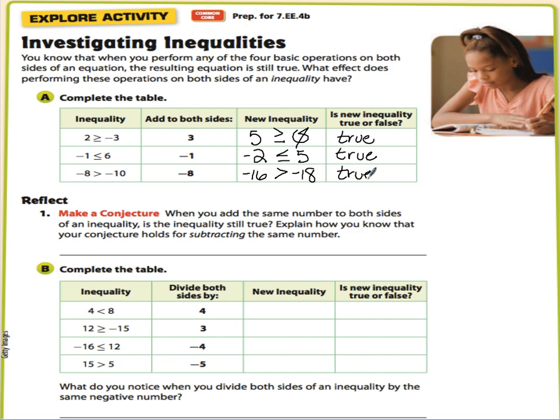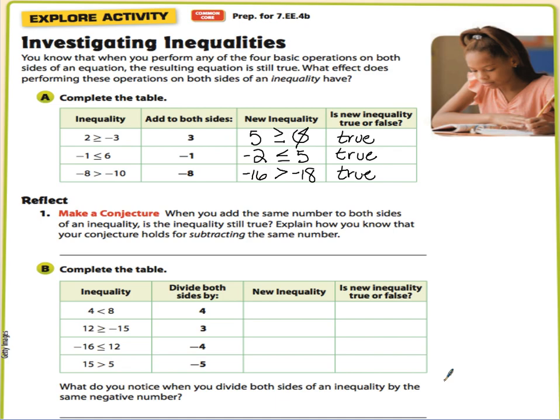And that is also still true. So when I add the same number to both sides of an inequality, is the inequality still true? Absolutely, it's still true. It's that rule in math. What you do to one side, you do to the other. And that should leave everything balanced. That always works when it comes to addition.